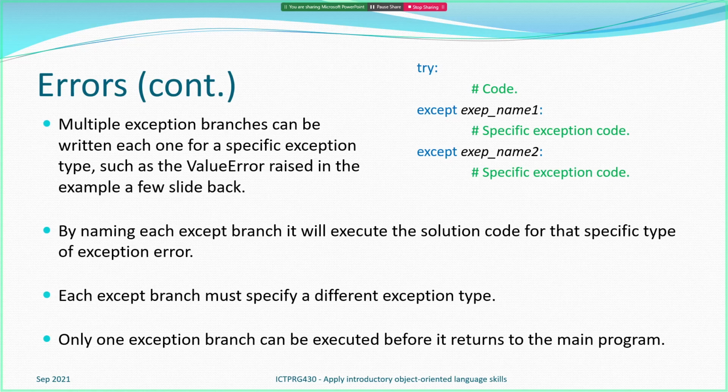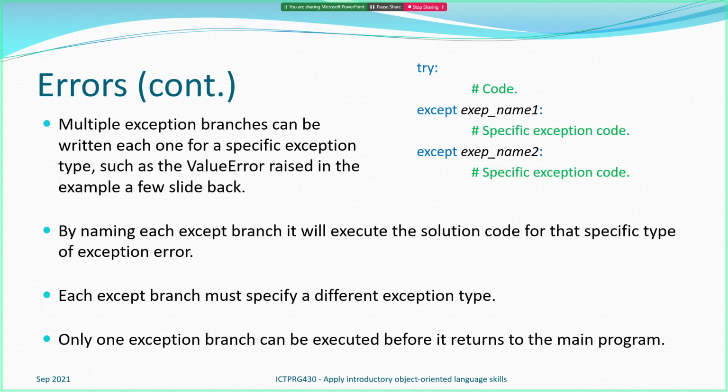It looks at the value error raised and loops through each exception to meet that condition and then executes the branch. Okay, only one branch will be executed before returning to the main program.